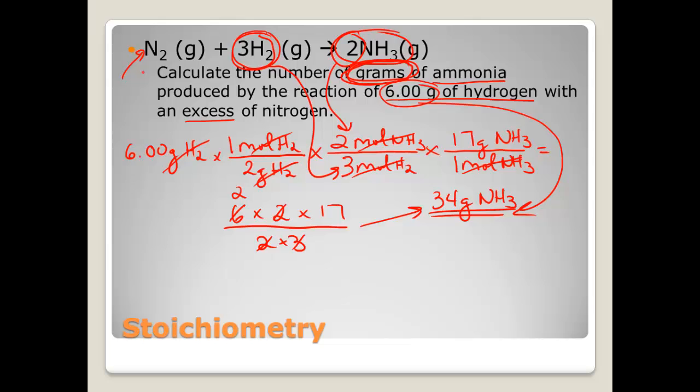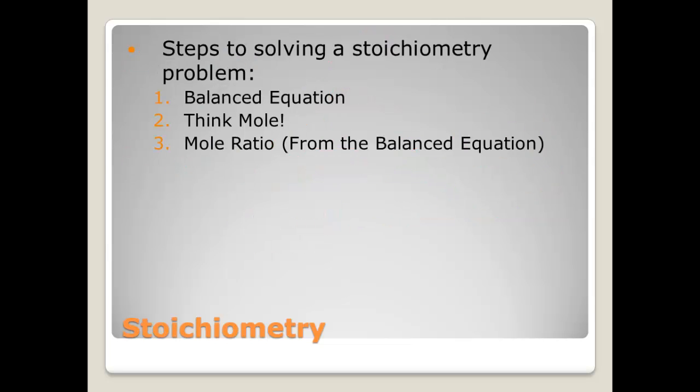So let's take a quick look at the steps to solving a stoichiometry problem. The number one thing you must have, and if you don't have this, you're wasting time. You're blowing hot air. Right here, you must have a balanced equation. Next thing you have to do, you must think in the unit of mole.